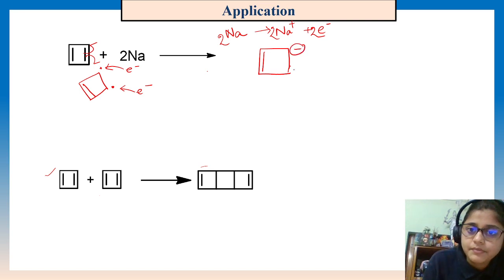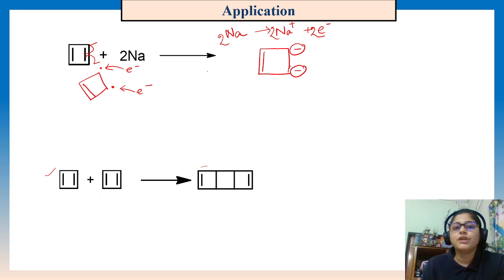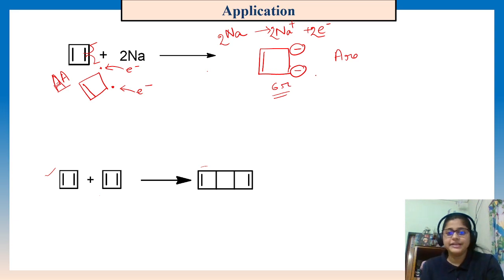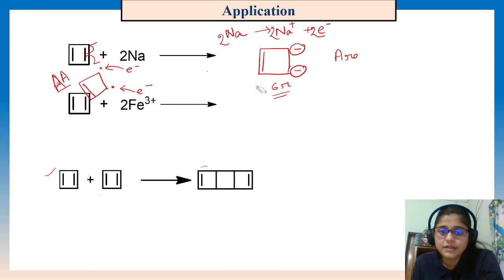Negative, negative. Okay, clear? So now this anti-aromatic compound, after adding sodium metal, becomes aromatic. How? 6 pi electrons. You can see, right? So this is a very interesting example.